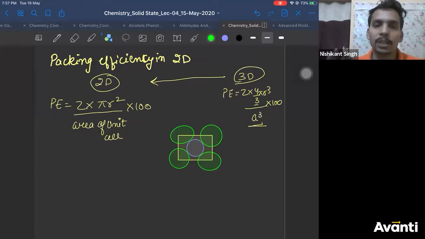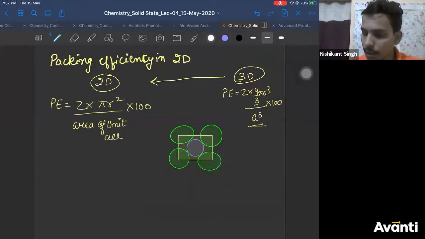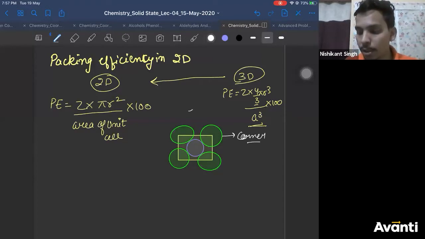All of you, please pay attention. How do I find its Z value? So guys, please see this carefully. When I find the Z value for this, right? I have two types of particle here. This is my corner particle. Now, when you are finding it is a two-dimensional unit cell, guys, it is a two-dimensional.